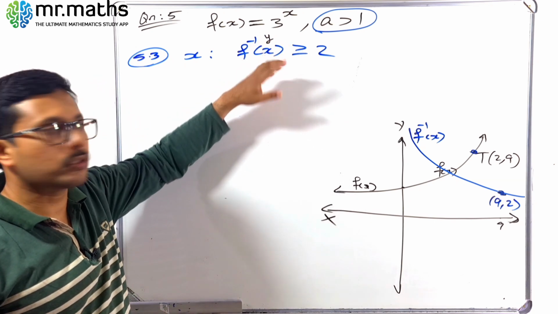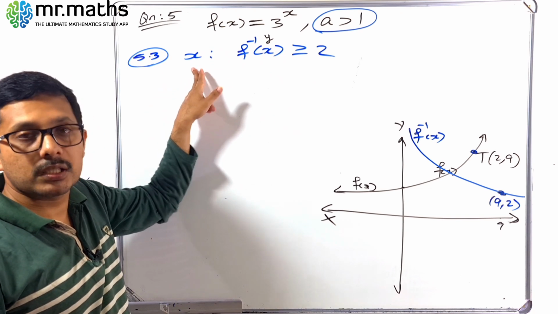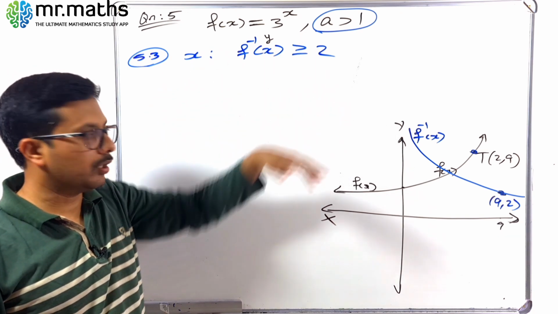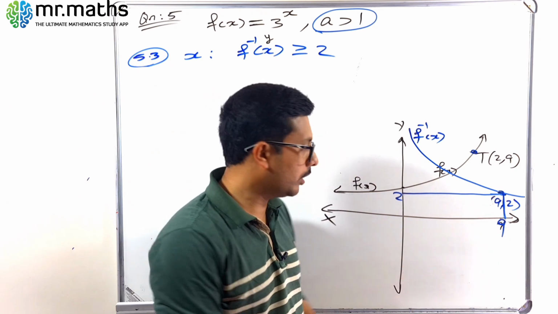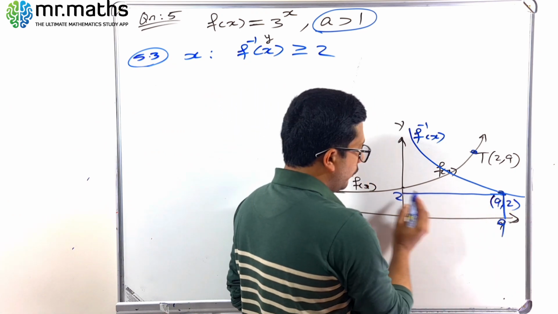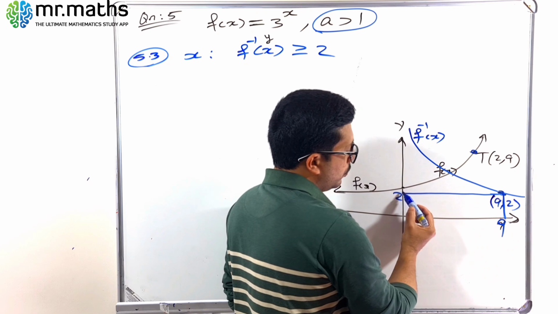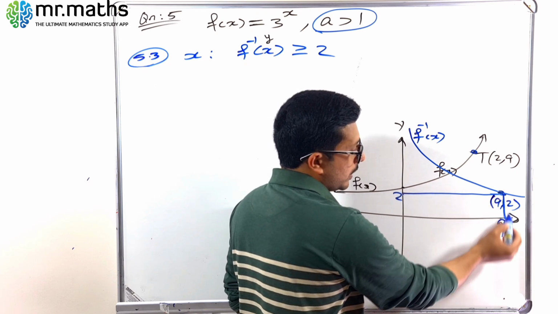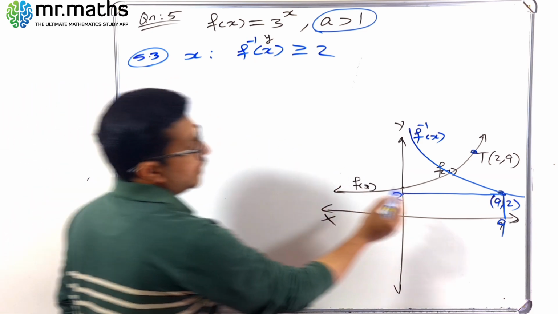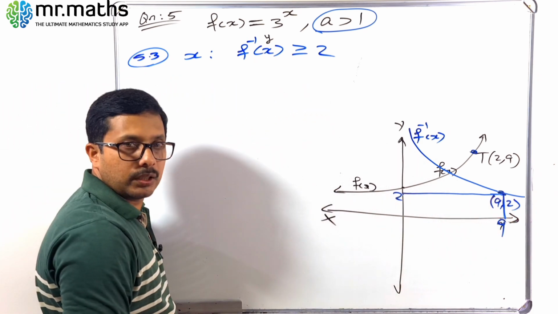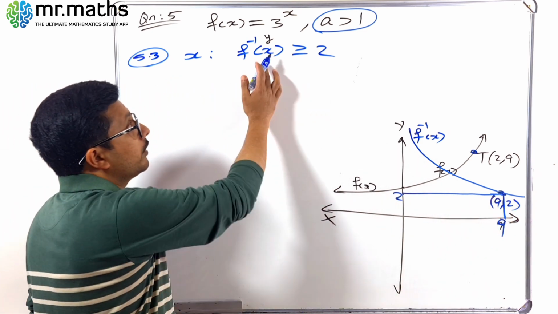Am I right? So you have to find the values of x where y is greater than 2. This is 9 comma 2 because it is the inverse. When y is 2, what is x? 9. This is the f inverse of x graph, and that is our y.